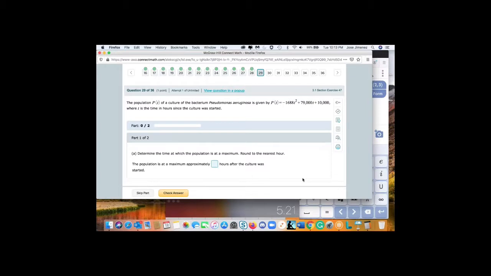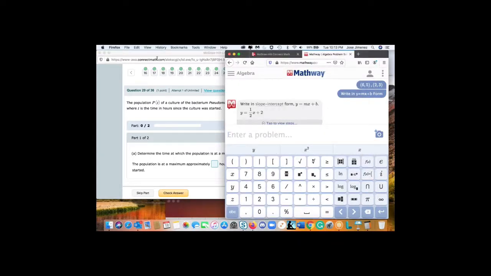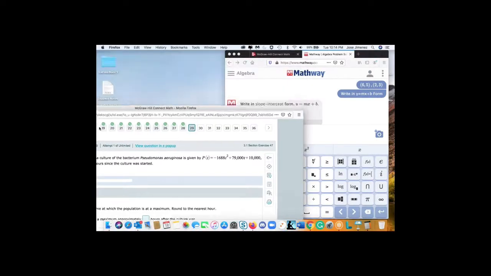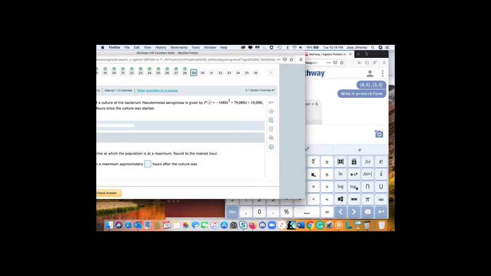Here we have a big problem too, but we have a big calculator.